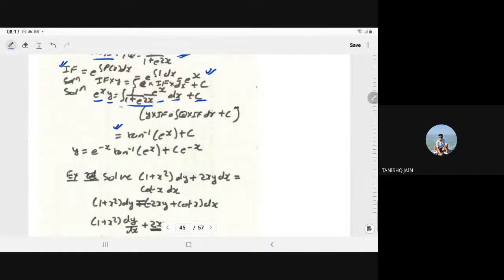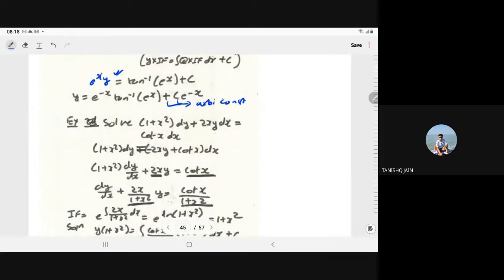So from here, e to power x y, on both sides you divide by e to power x. So y is equal to e to power minus x tan inverse e to power x plus c e to power minus x. Because it is a first order differential equation, here we have c as an arbitrary constant, right? So we have one arbitrary constant.